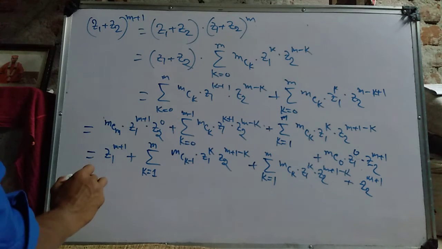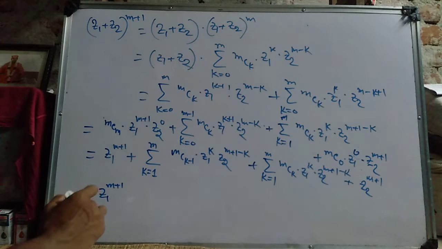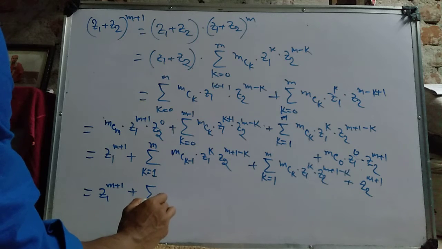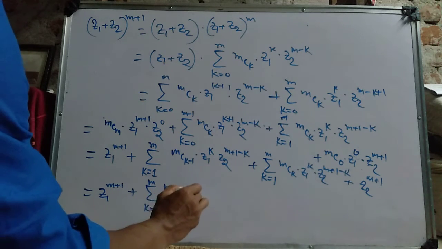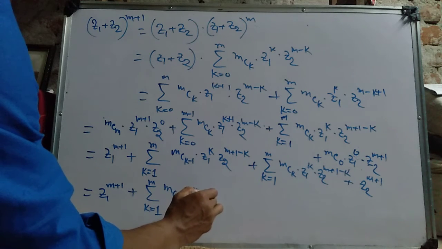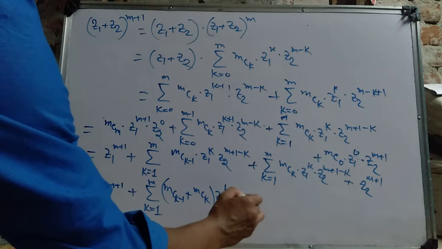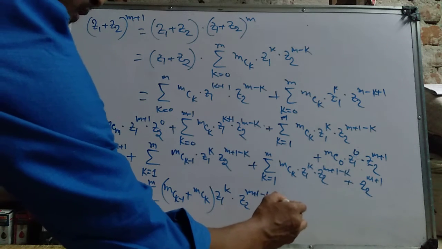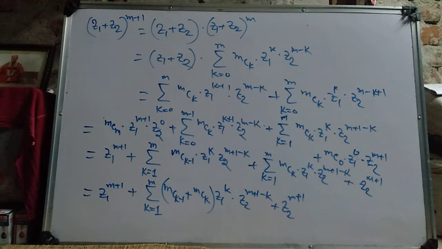Then this equals z1 to the power m plus 1 plus, k equal to 1 to m, mC(k minus 1) plus mCk, z1 to the power k z2 to the power m plus 1 minus k, plus z2 to the power m plus 1.